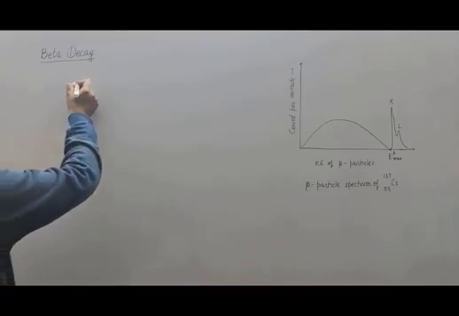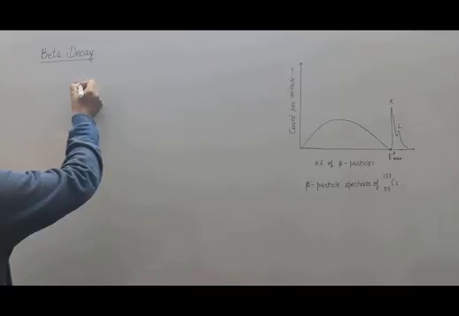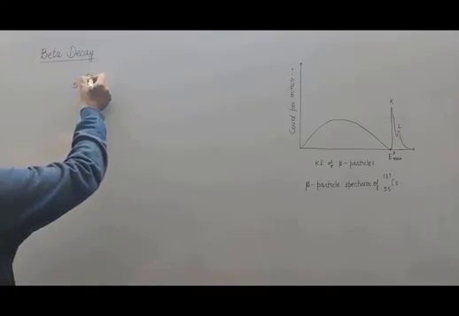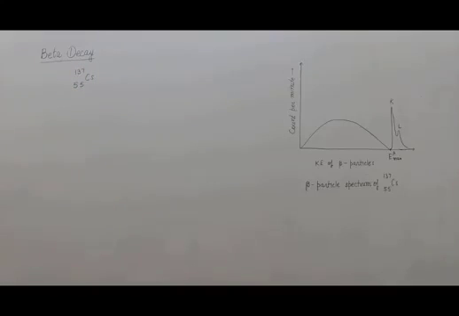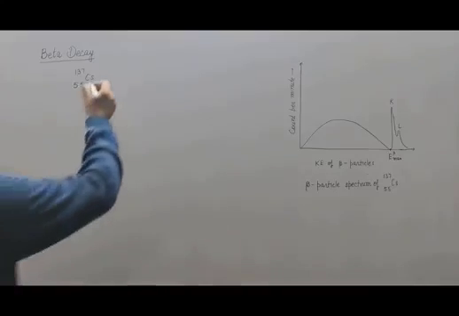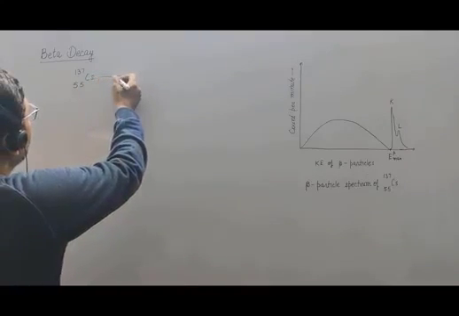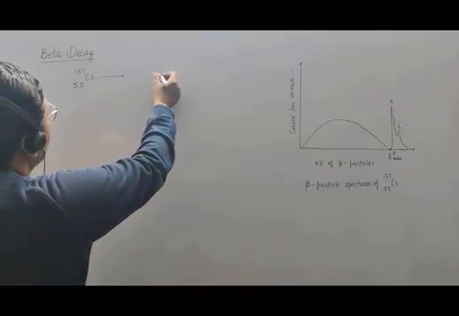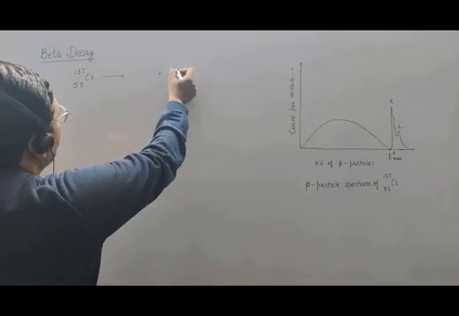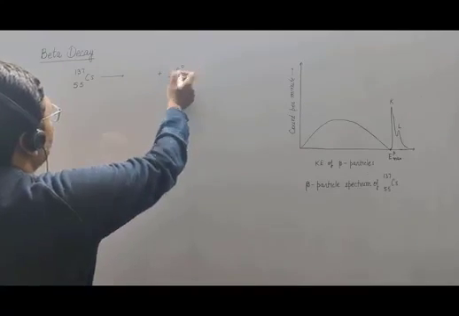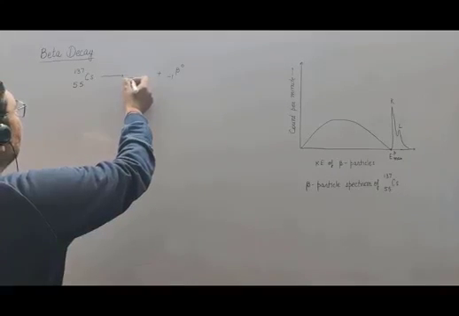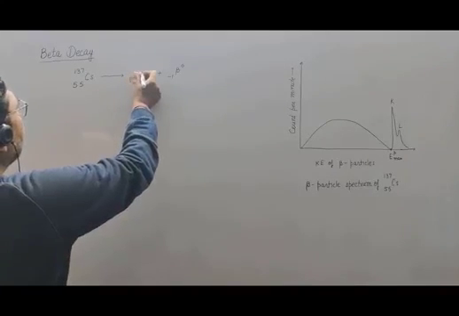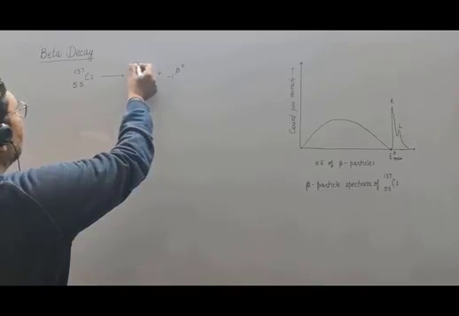55Cs137. We are taking this as an example of beta decay. This is a radioactive nuclei which emits a beta minus particle, -1 beta 0, and here this will be 56 and this will be 137.